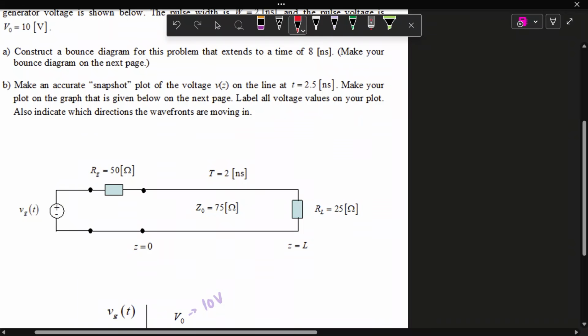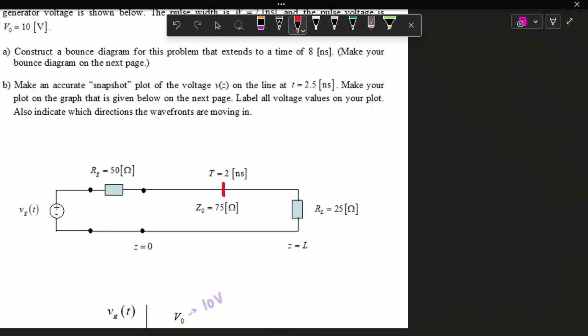So the bounce diagram is telling us what the voltage is at this point on the transmission line when it first leaves the source, or what the voltage is at this point when it's reflected off the load, or maybe what it is at 1 nanosecond, half of the period, after it gets reflected at the source.